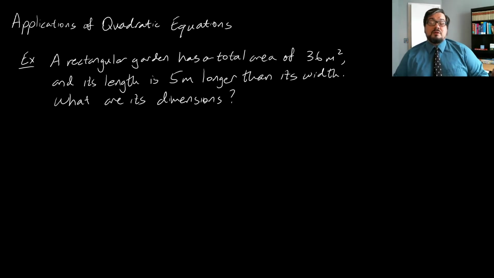Now, the strategy that we're going to use here is the same as the strategy that we used when we were doing problems with linear equations, and that we're going to use for all of the problems that we look at.